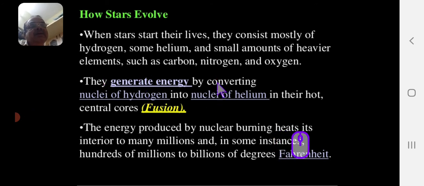They generate energy by converting hydrogen into helium in their hot central cores by means of what is called fusion. The energy produced by the nuclear burning heats the interior to many millions, in some instances hundreds of billions, of degrees.